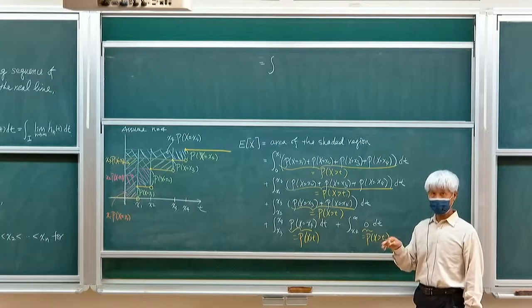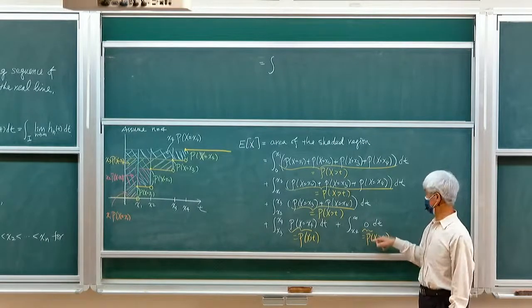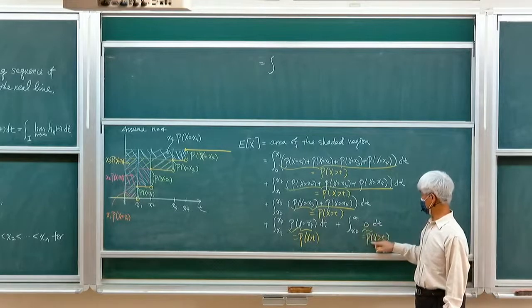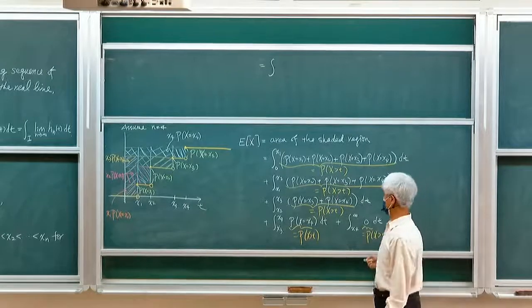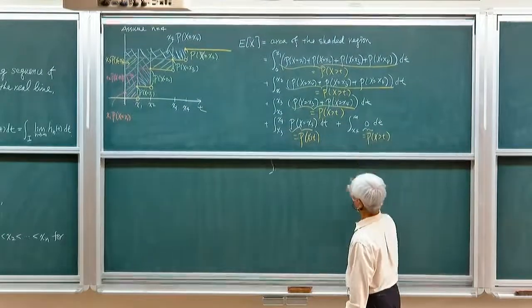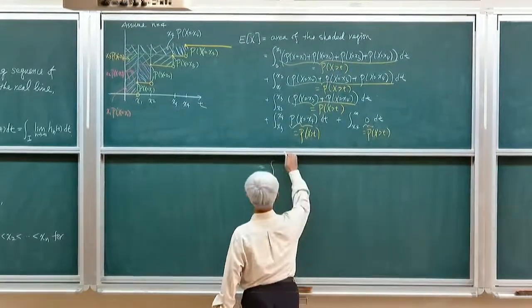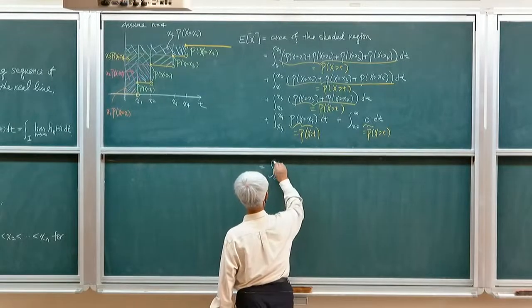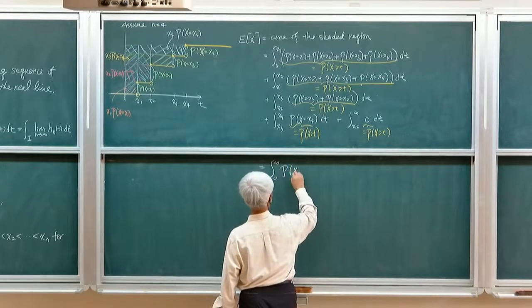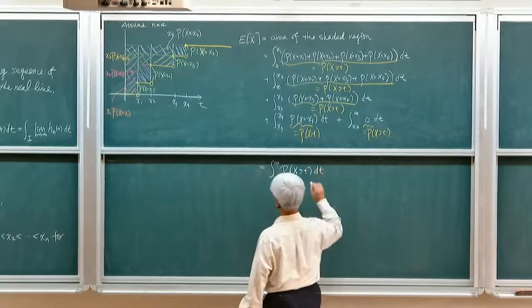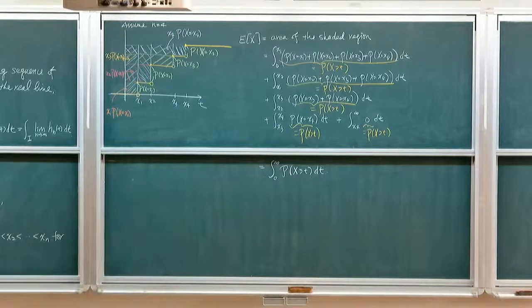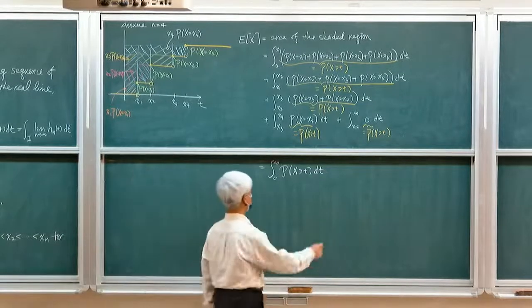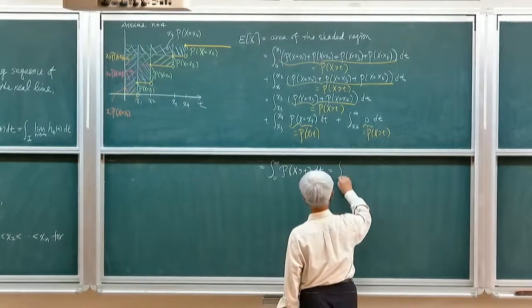So x4 is the last possible value, and in this range this probability is 0. So combined together, we can write it as the integral from 0 to infinity of the probability of X greater than t, dt. Okay, so we establish this identity for simple non-negative random variables.